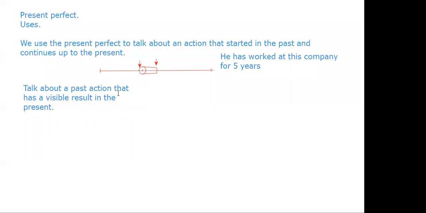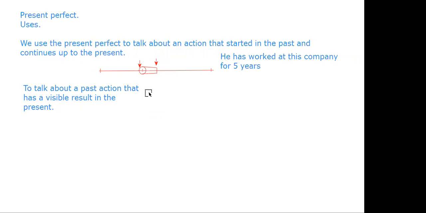We use the present perfect to talk about a past action that has a visible result in the present.